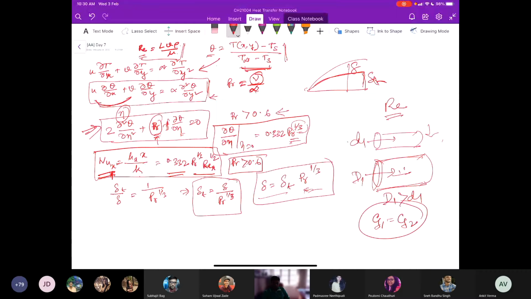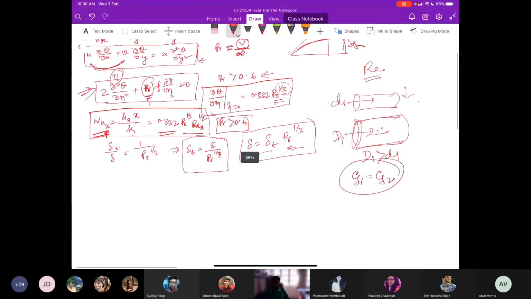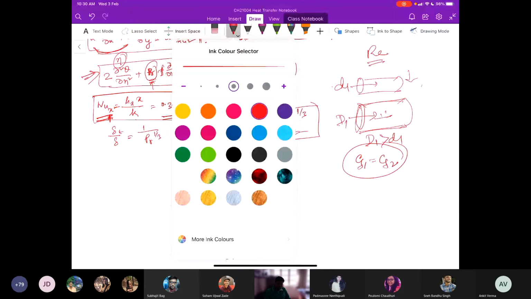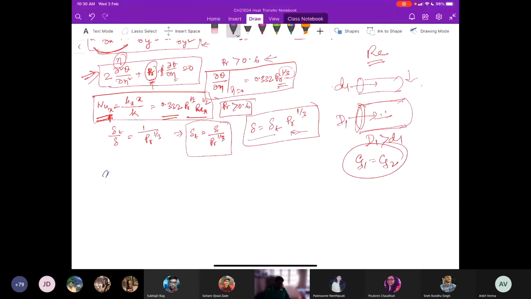So for example, how do we non-dimensionalize the domain? Typically, for the x direction, if the asterisk marks are for the non-dimensional values, we divide by a characteristic length.